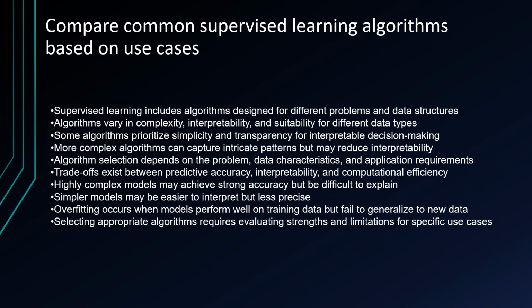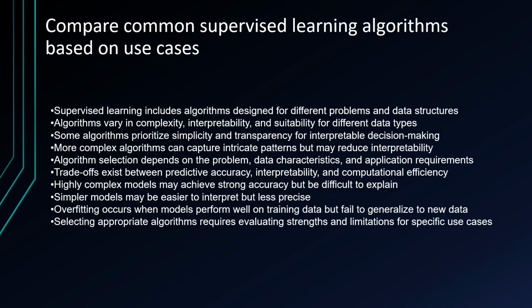Organizations therefore rely on validation techniques, testing procedures, and continuous monitoring to evaluate whether models remain reliable after deployment. Preventing overfitting is a central challenge in machine learning because highly complex algorithms are often vulnerable to memorizing training data. Trade-offs between predictive accuracy, interpretability, and efficiency are present in nearly every machine learning project.